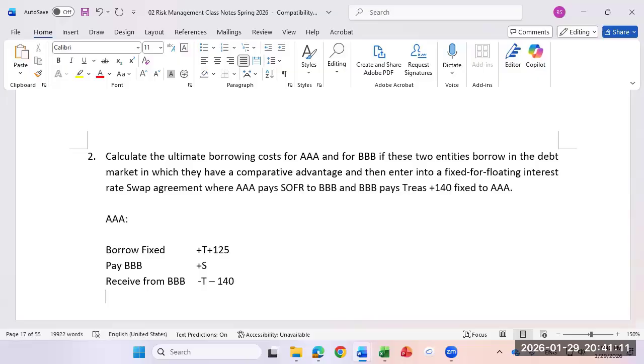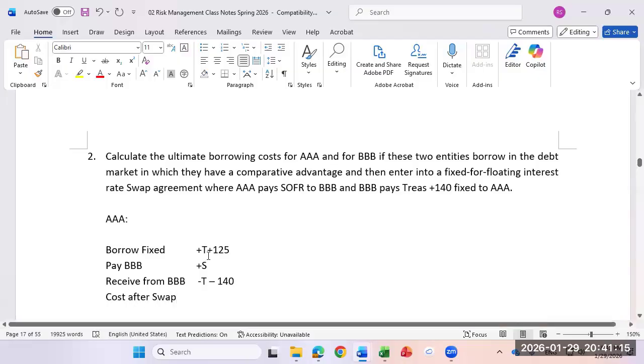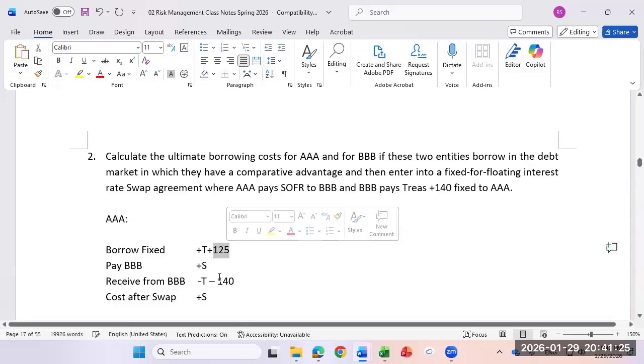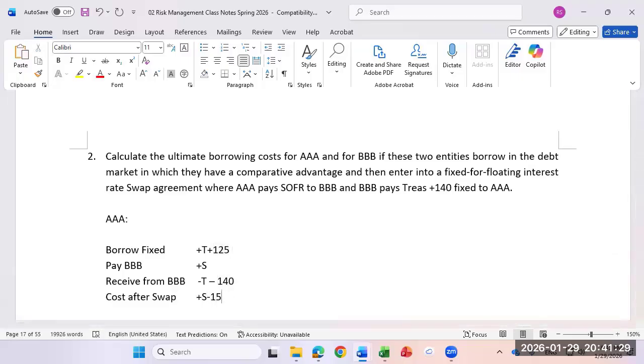What is their ultimate cost? What happens to the T's? They cancel out. They're going to pay SOFR. And then what are they left with? 125 minus 140. You're going to borrow at SOFR minus 15.